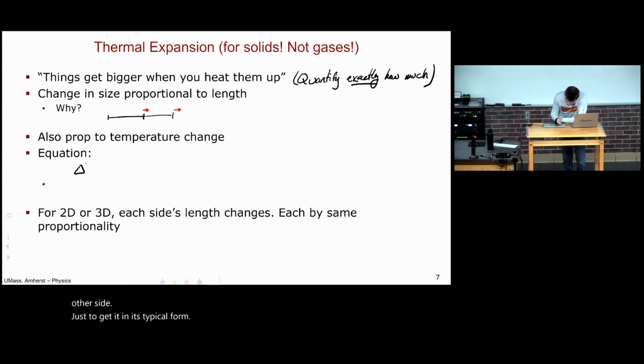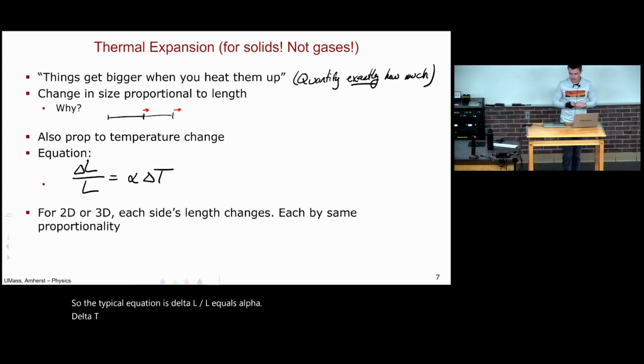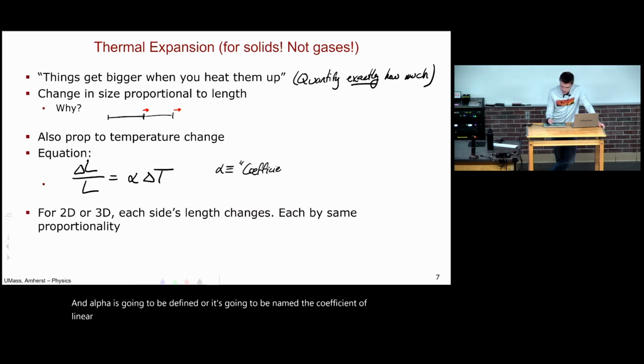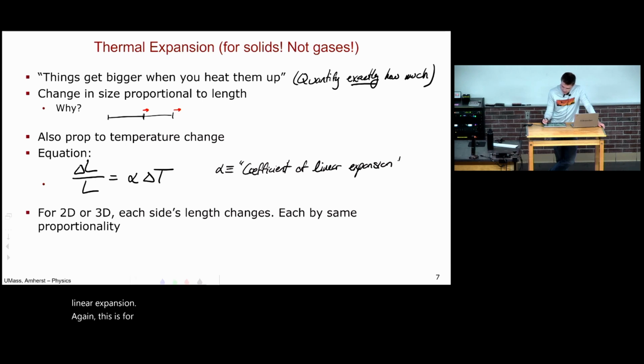So the typical equation is delta L over L equals alpha delta T. Alpha is going to be named the coefficient of linear expansion. Again, this is for solids.